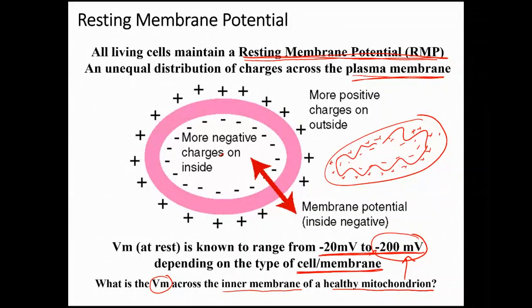Nice, healthy mitochondria. And what's responsible for that membrane potential in the mitochondria? The electron transport chain. And what is the electron transport chain doing to make the outside of the inner membrane positively charged and the inside negatively charged?